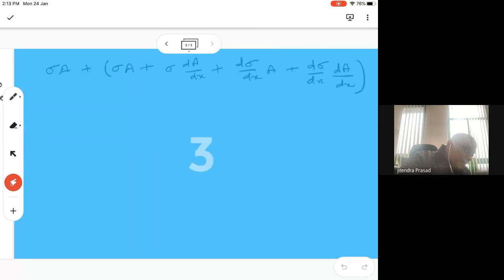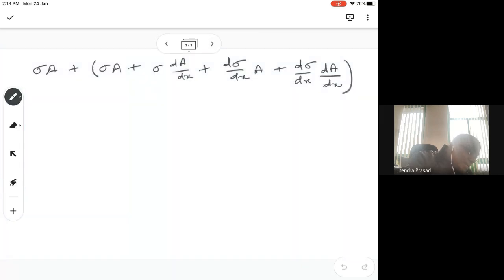Okay, I think we forgot to multiply by dx. So here we get dx, and here we will have 2 dx, so dx multiplied by dx. So sigma A, and here it should be minus, and this is plus.